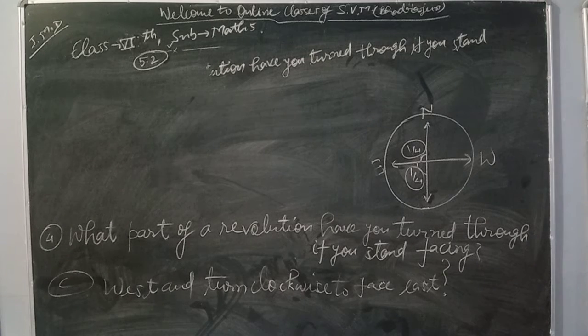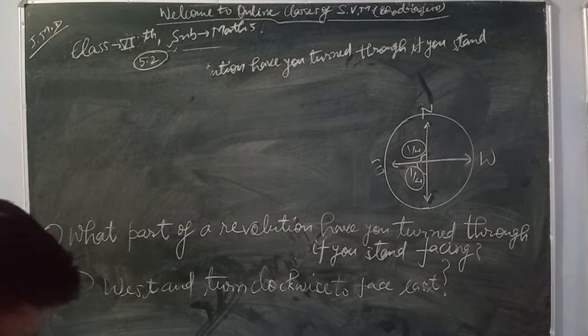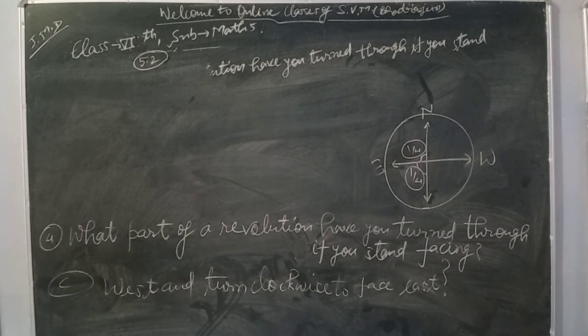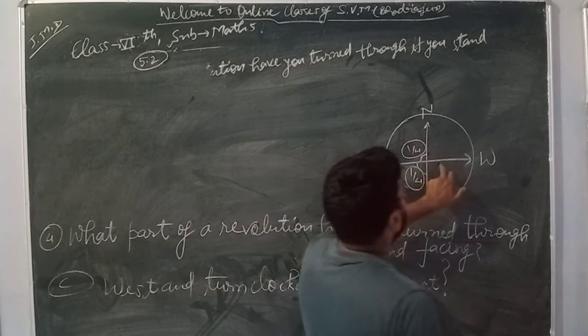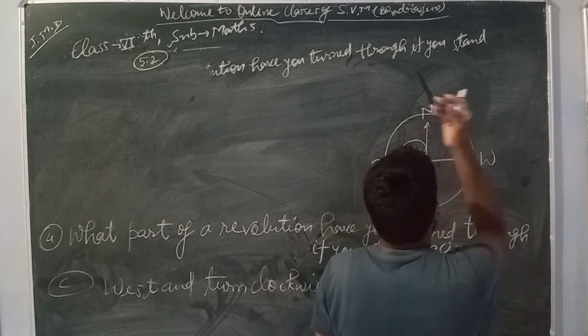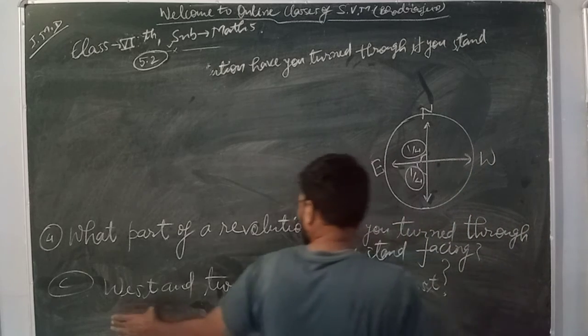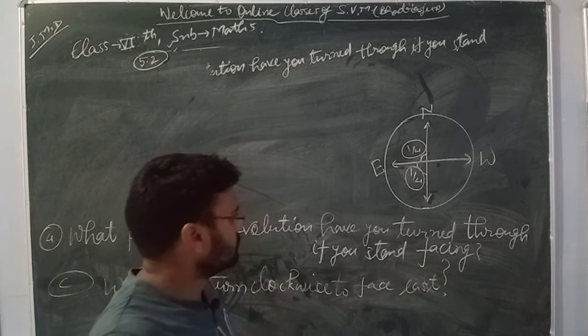Part A and B I have solved for you in our previous video, and this is our part C. West and turn clockwise to face east. You are facing towards west and turn clockwise, this way, to face east.